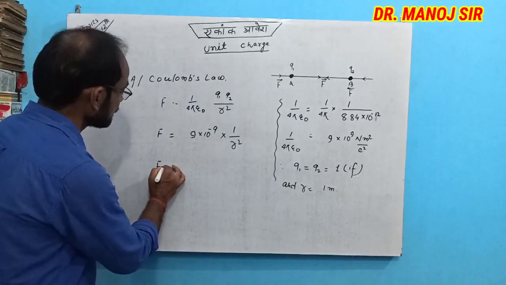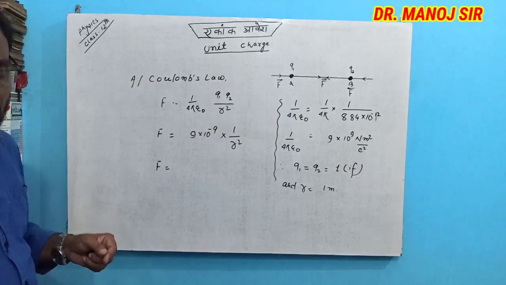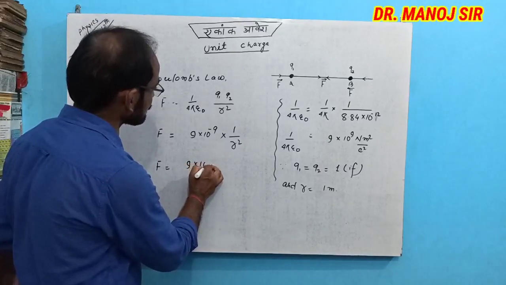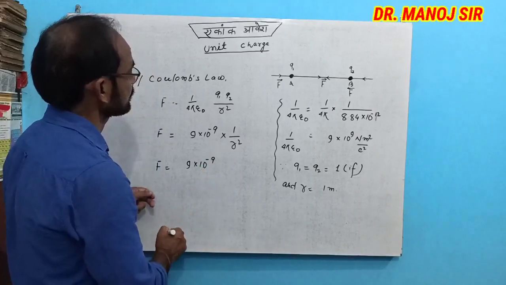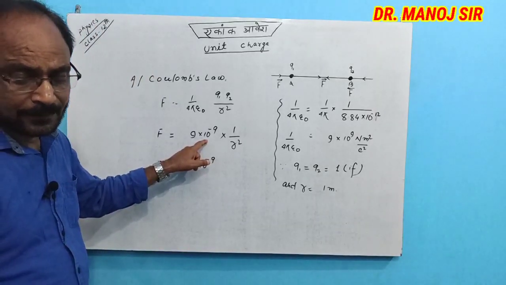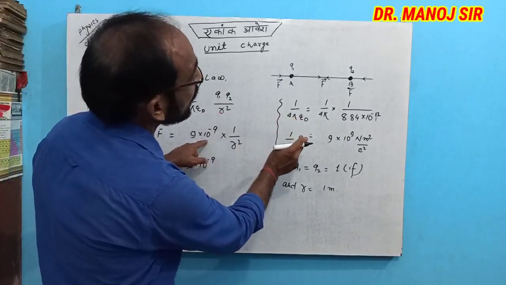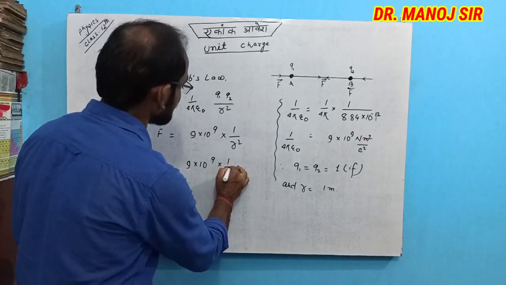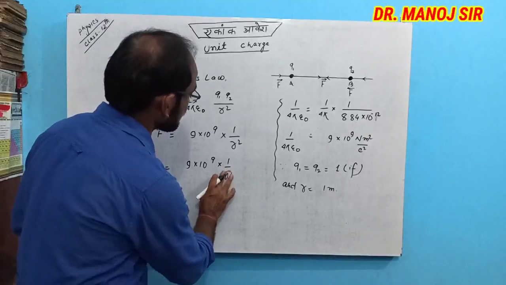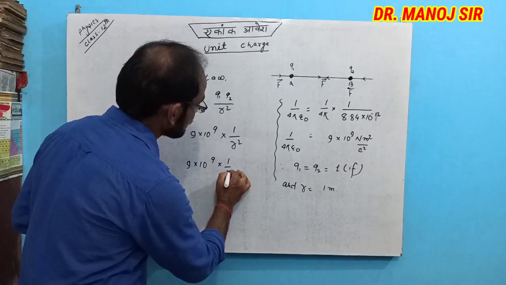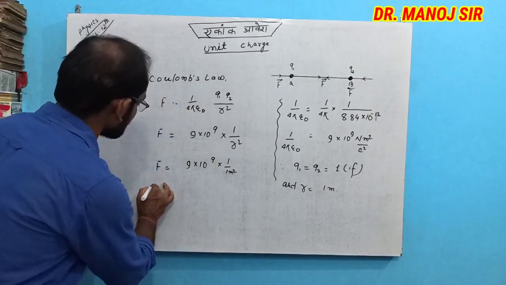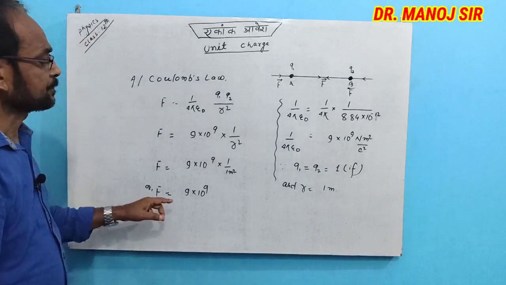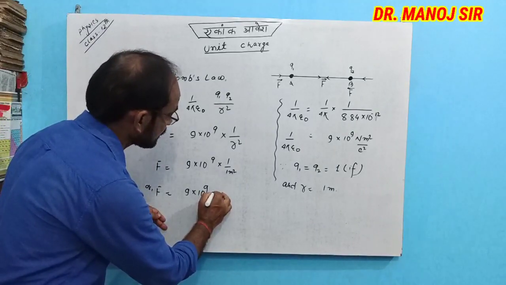Hence F equal to 9 into 10 to the power 9 into 1 by r square, that is 1 meter square, or F equal to 9 into 10 to the power 9 Newton.